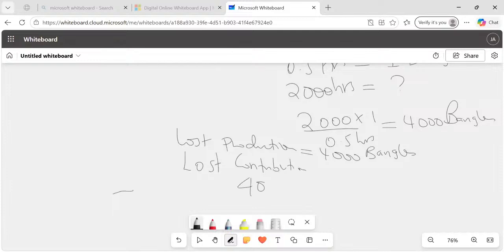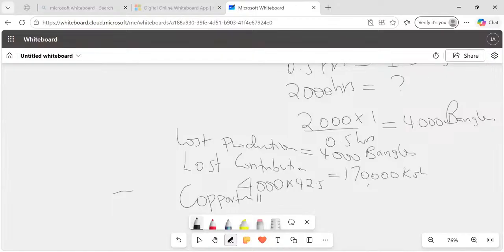We know that from each bangle, we are able to make 42.5. So then the total lost contribution will be 170,000 Kenya shillings.